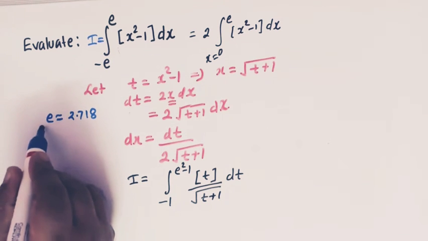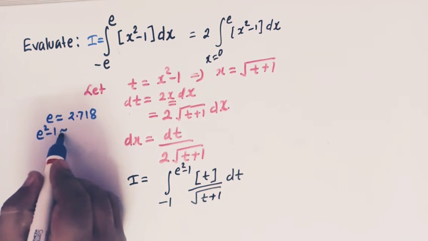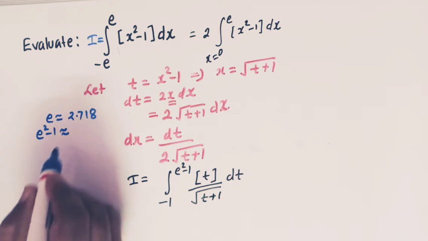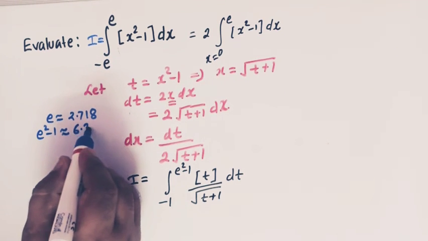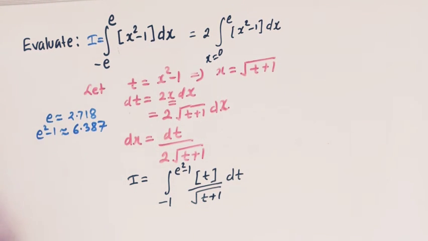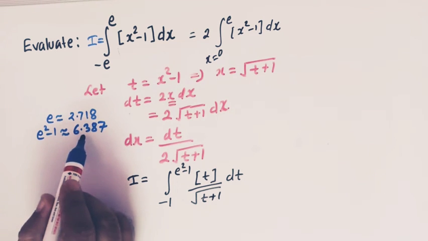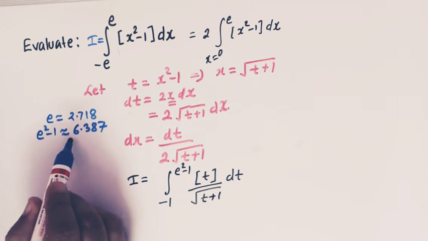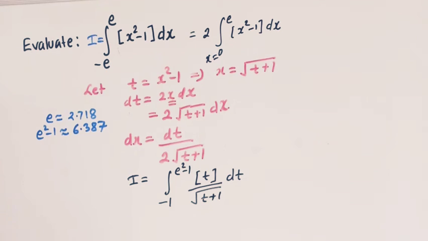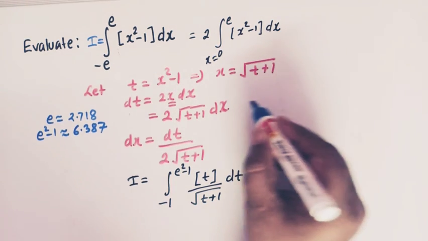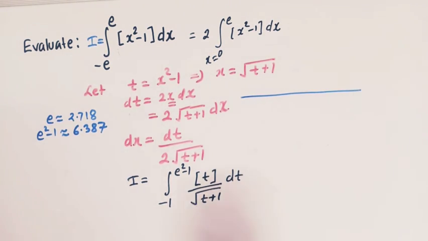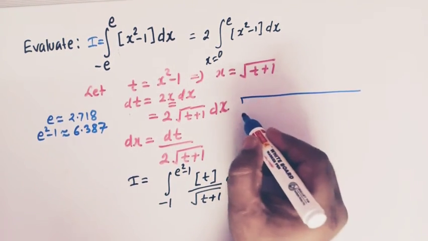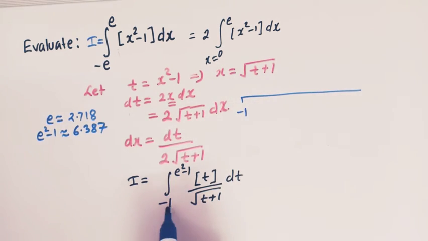So e square minus 1 is approximately equal to 6.387, and we can take this value as approximately 6.4.